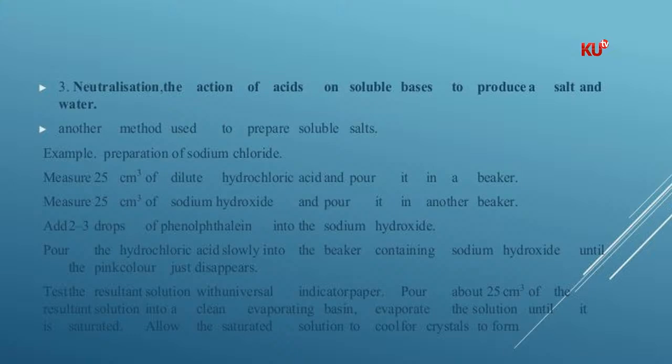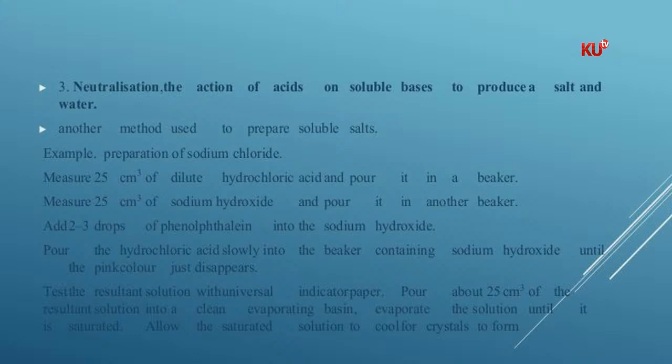Now, after adding hydrochloric acid to the sodium hydroxide, you use the universal indicator to confirm whether the resulting solution is a base, an acid or neutral.